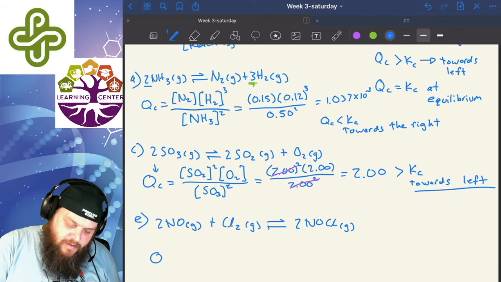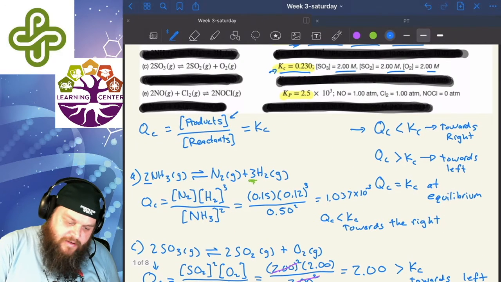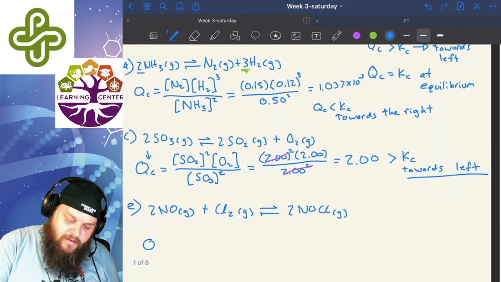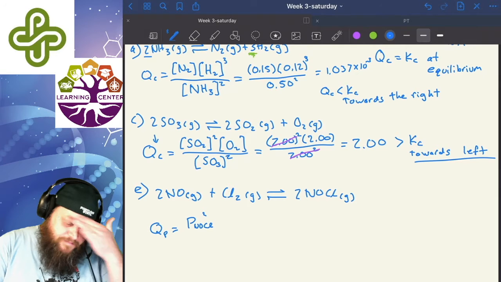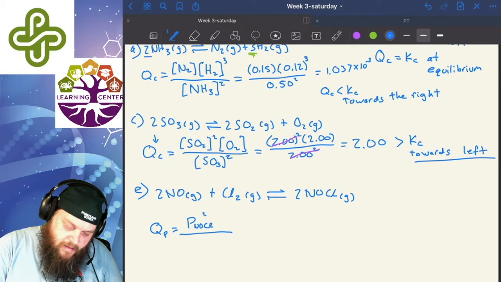So our quotient here, and here we're looking at pressures, just to give us a Kp value in pressures. So Qp is going to equal the pressure of NOCl squared divided by the pressure of NO squared times the pressure of Cl2 to the first power.